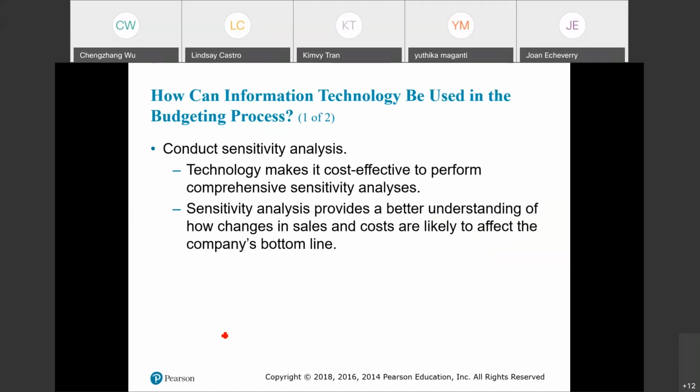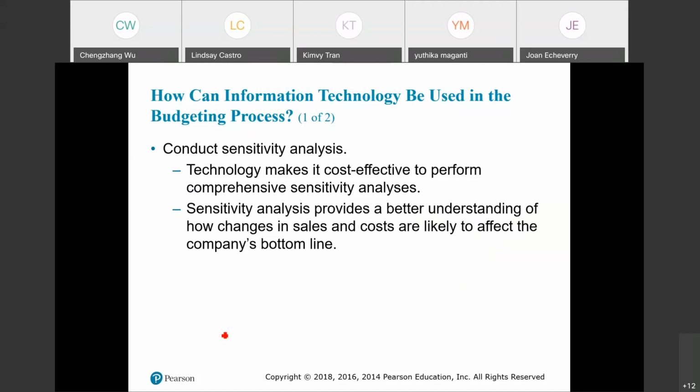First, let's take a look at sensitivity analysis. The master budget models the company's planned activities. Top management pays special attention to ensure that the results of the budgeted income statements and the budgeted balance sheet support key strategies.